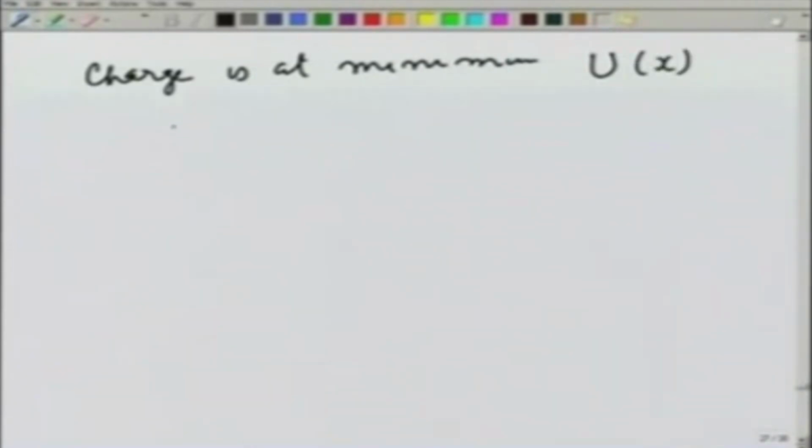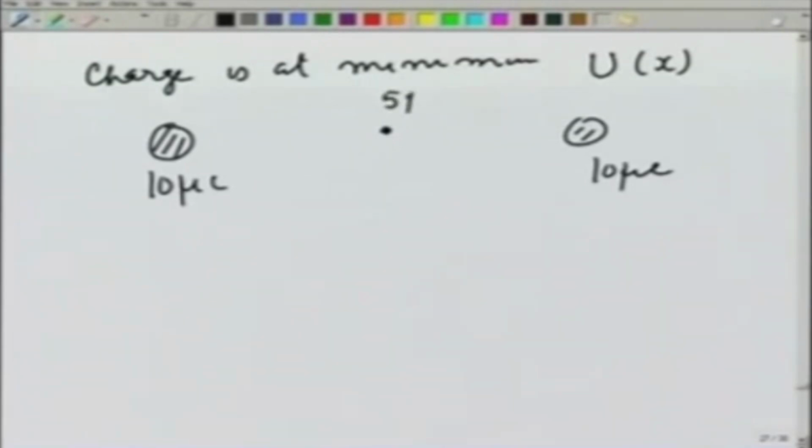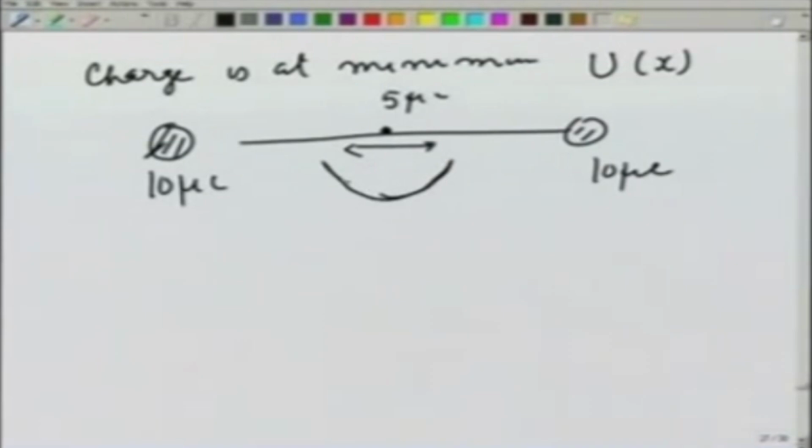So what I am asking you to do is take these two charges 10 microcoulombs each, put a 5 microcoulomb charge in the middle, keep them fixed, these are fixed, and consider the motion of this 5 microcoulomb charge about this equilibrium point. I want you to show as I move about this, the energy goes up, potential energy goes up, as long as I confine the motion along this line.